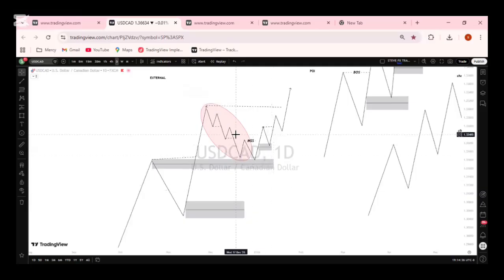But what the market is actually doing is a counter trade or retracement, and once the market reacts from your higher time frame point of interest, it is building up to align with our higher time frame direction or higher time frame move.